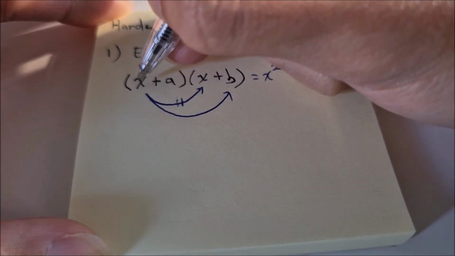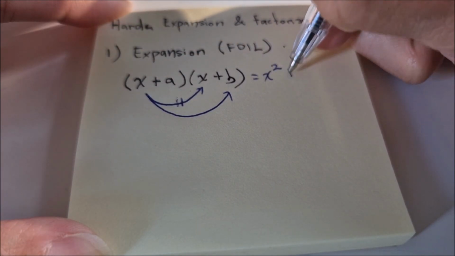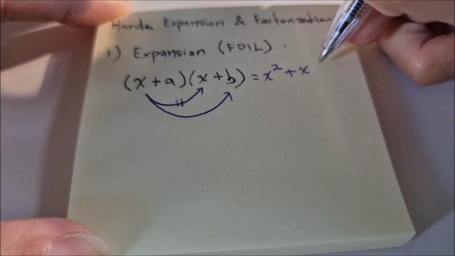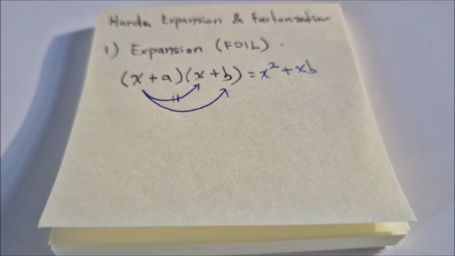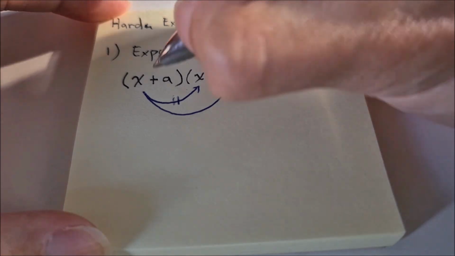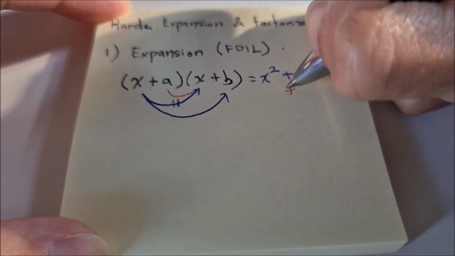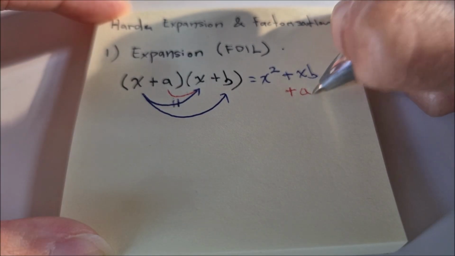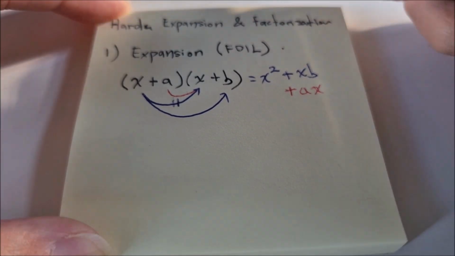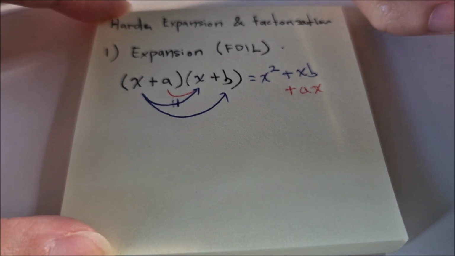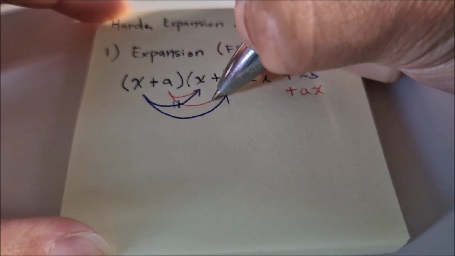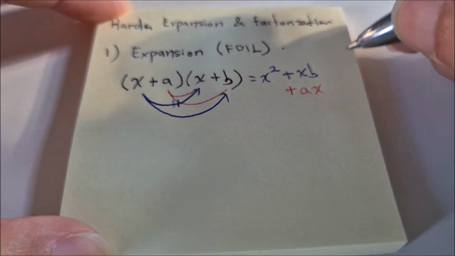We have x times b, which is xb, and then a over here, ax. Then we have a times b.